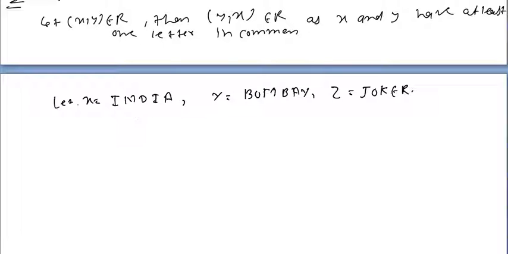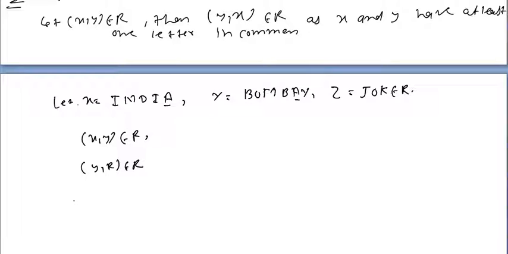If you take (X, Y), it belongs to the relation, that is India and Bombay belong to the relation, as they have a common letter A. And suppose (Y, X) belongs to the relation, then there is also a common letter A.